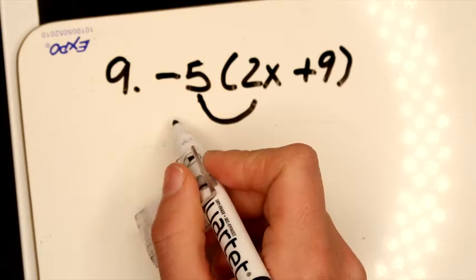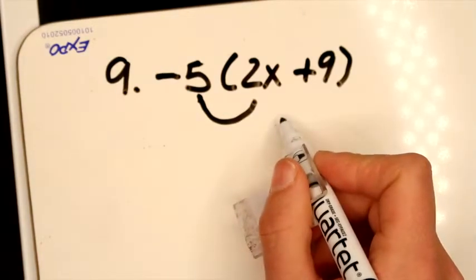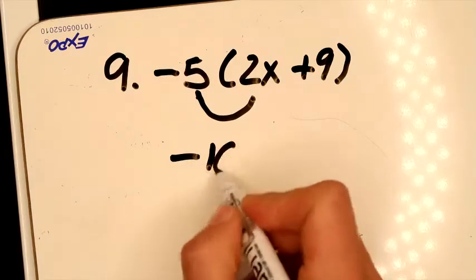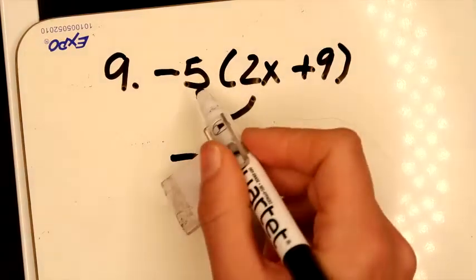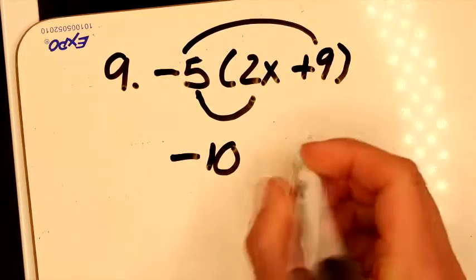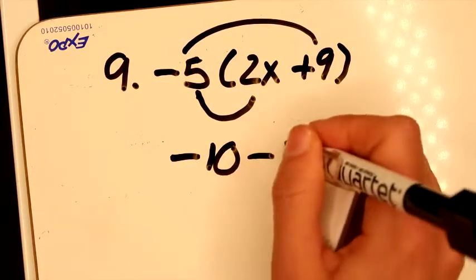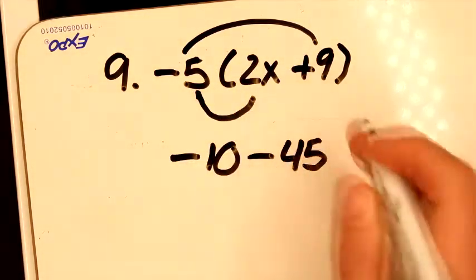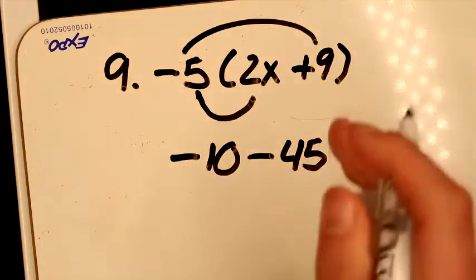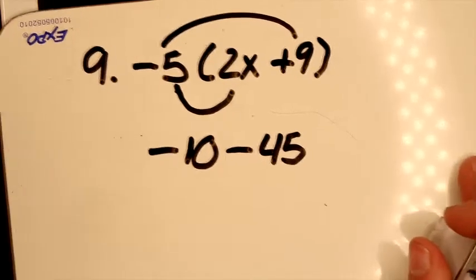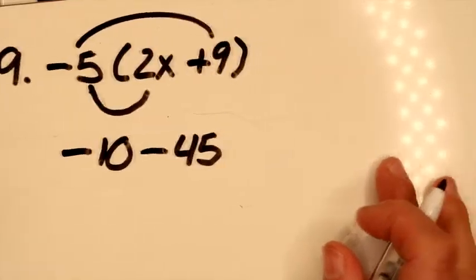So -5 times +2 is going to give me -10. -5 times +9 is going to give me -45, because 5 times 9 is 45. But a negative times a positive 9 is going to be negative 45.